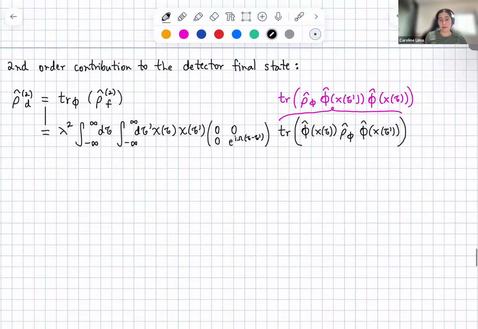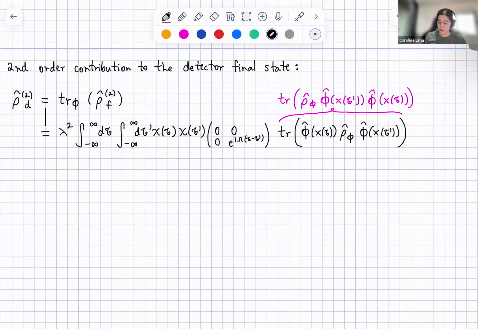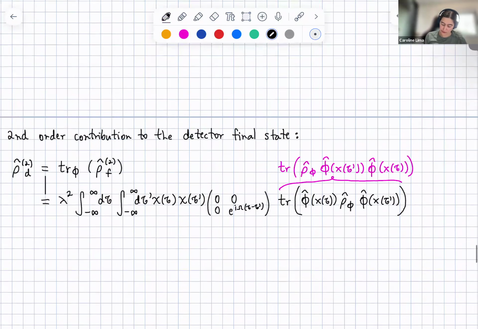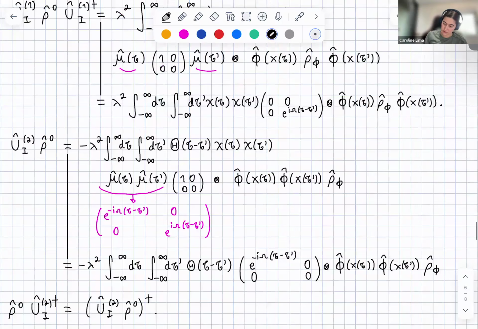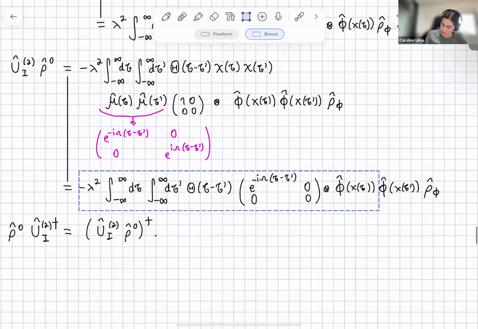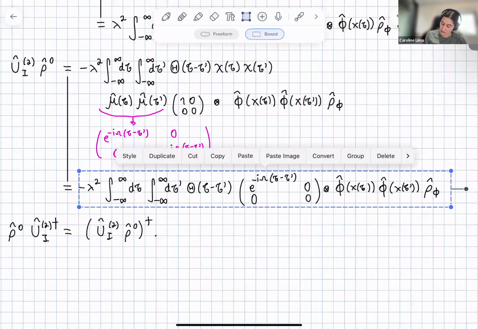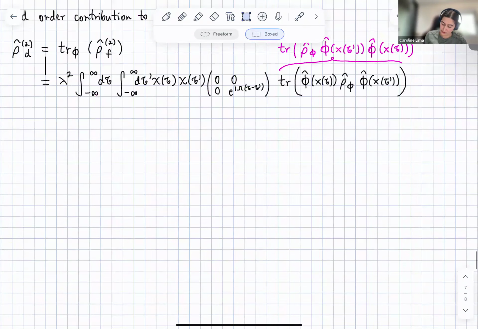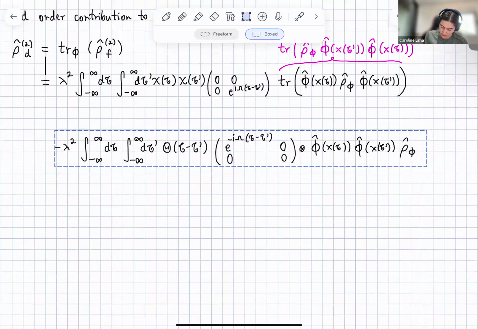Now, let's look into the other two terms. So we had this contribution here, right? So this contribution is going to give me, let me write here with a lot of space.